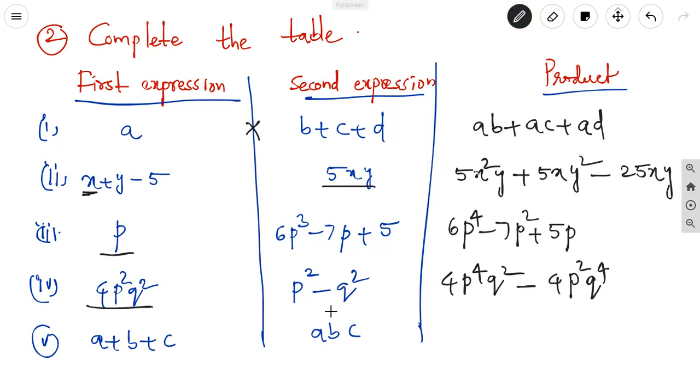Because this is multiplied. Next, a into abc, a into a square bc plus b into abc, a b square c, plus c into abc, abc square. That is the product.